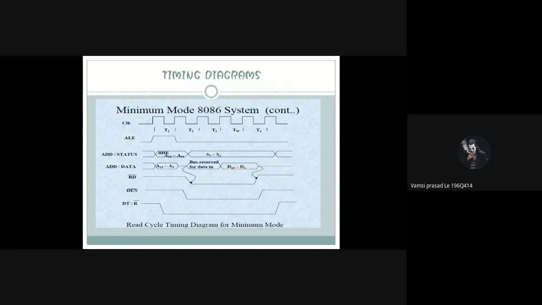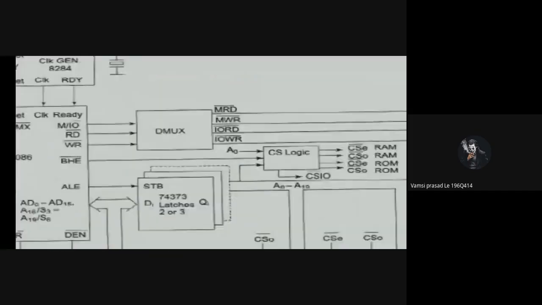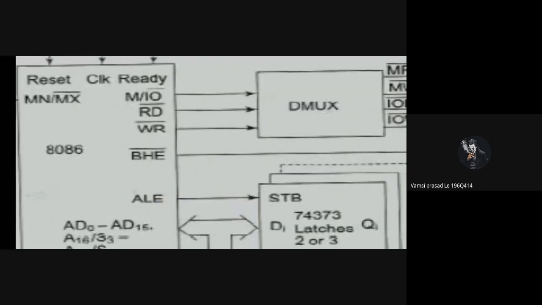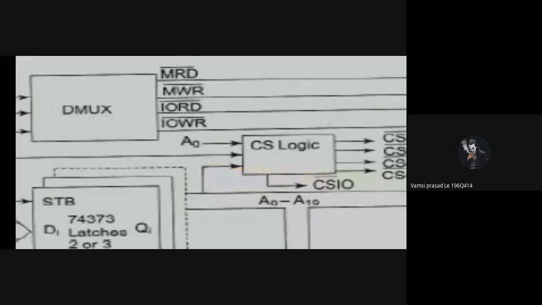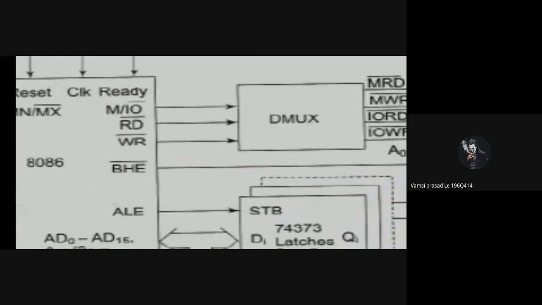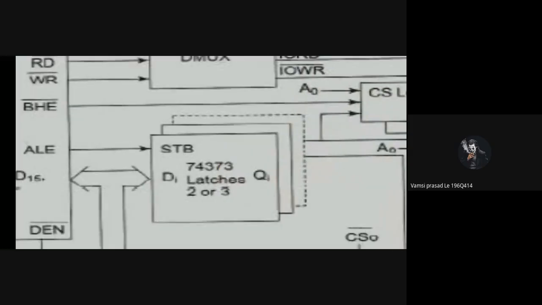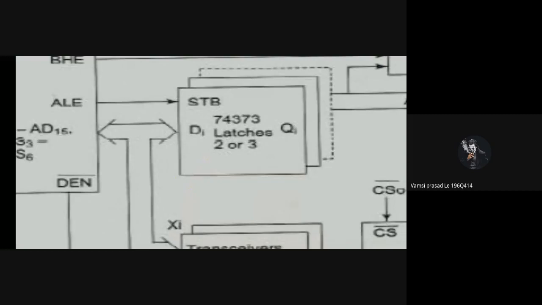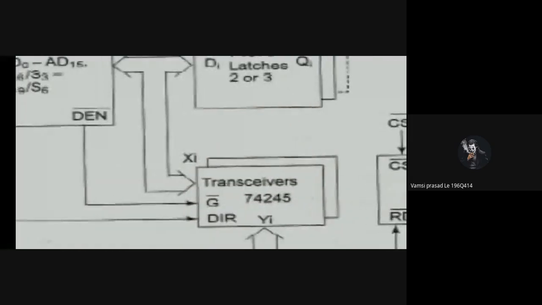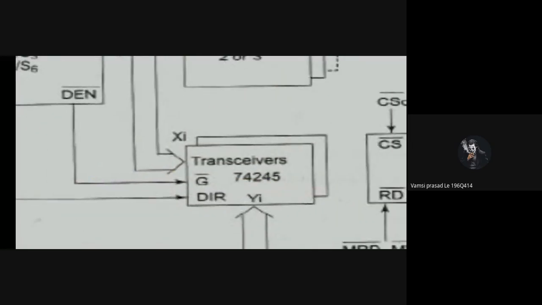The memory input/output read and write signals are connected to the demultiplexer. So ALE is connected to the latches, and DEN bar and DT/R bar are connected to transceivers.